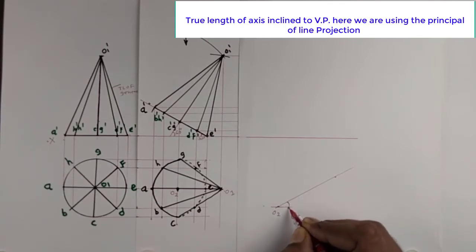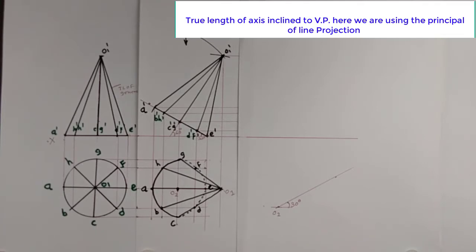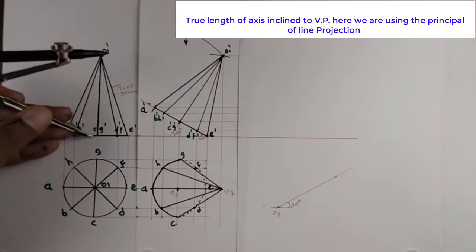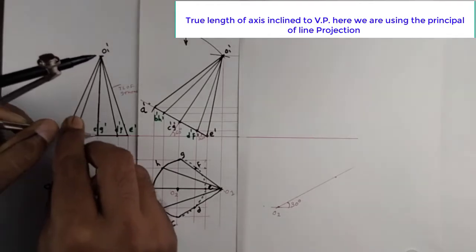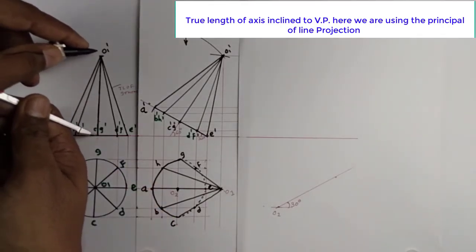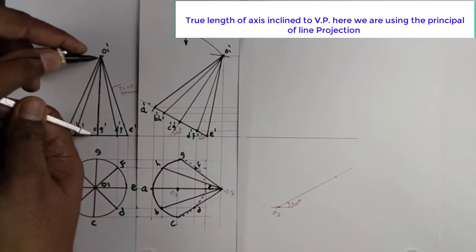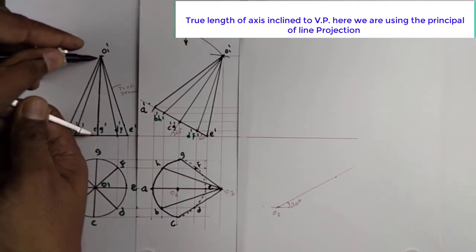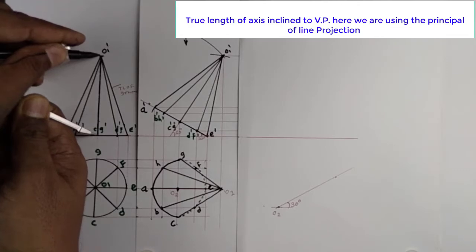It is our 30-degree inclination line. On inclination line, first we mark the true length of axis. So this is my true length of the axis, C dash, vertical distance C dash to O1 dash.